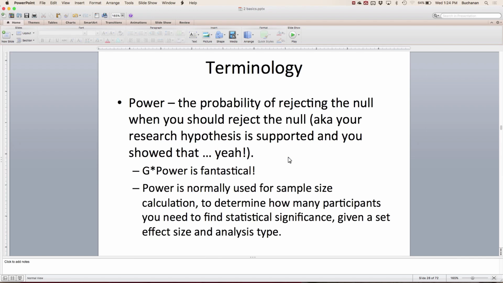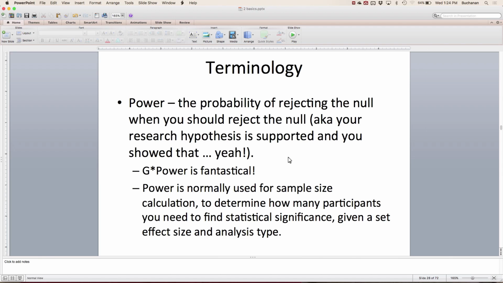Power is when you reject the null and you should have. So this is the perfect scenario. My research hypothesis is likely true, and I found it. So yay, this is publications. We're going to use a little program called G-Power to calculate power. It is free. It should work on everybody's computer.